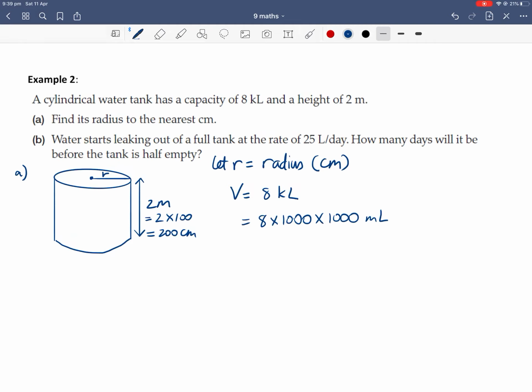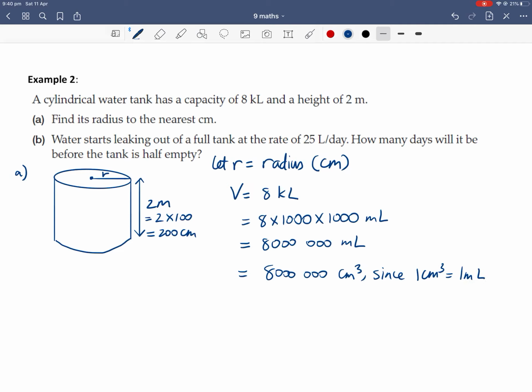So multiplying by 1,000 twice, we have 8,000,000 milliliters. And as we said, because we want our answer to be in centimeters, let's convert this to centimeters cubed. So this is exactly the same number, centimeters cubed. Why? Since 1 centimeter cubed is 1 milliliter.